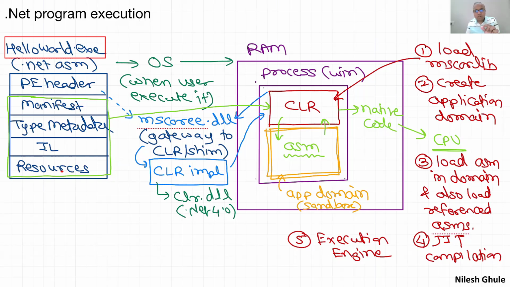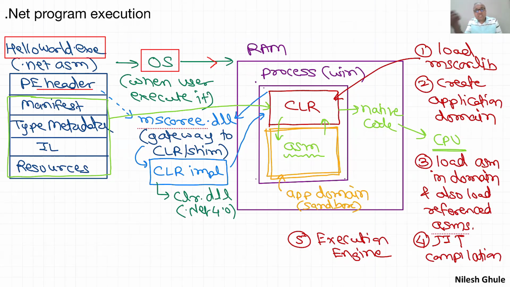When you double click on it, when you try to run it, your operating system loader will come into the picture, and the OS loader will consider it just like a Windows executable, and load it into the memory. It will consider it like a Windows executable because of the PE header. Correct?